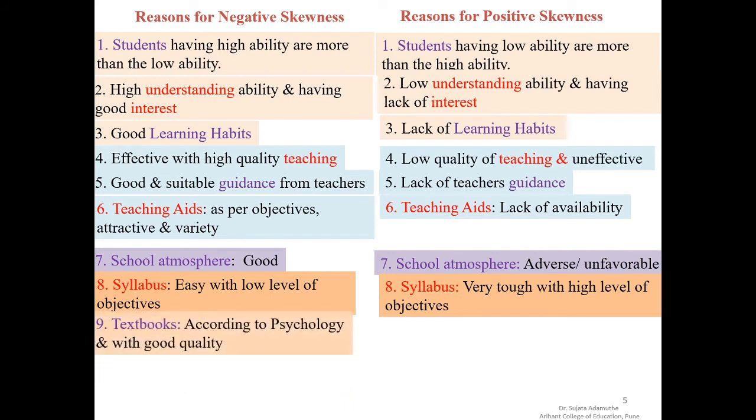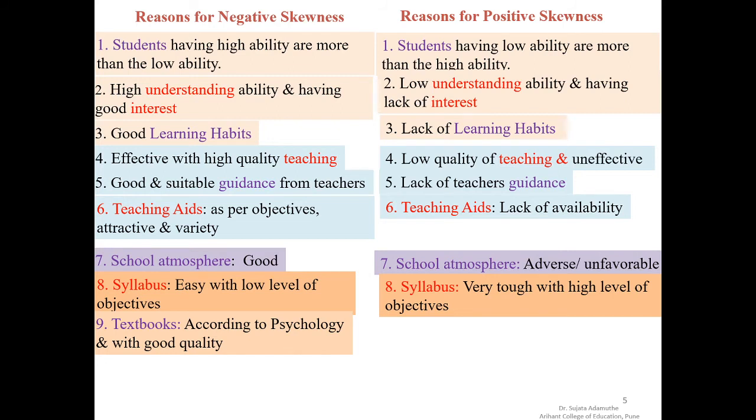Then, if the textbooks are according to the psychology and with good quality, we will observe the negative skewness. Suppose in the textbook very high quality paper has been used, very good pictures are there, then the principles of learning, that means easy to difficult level, have been used there.